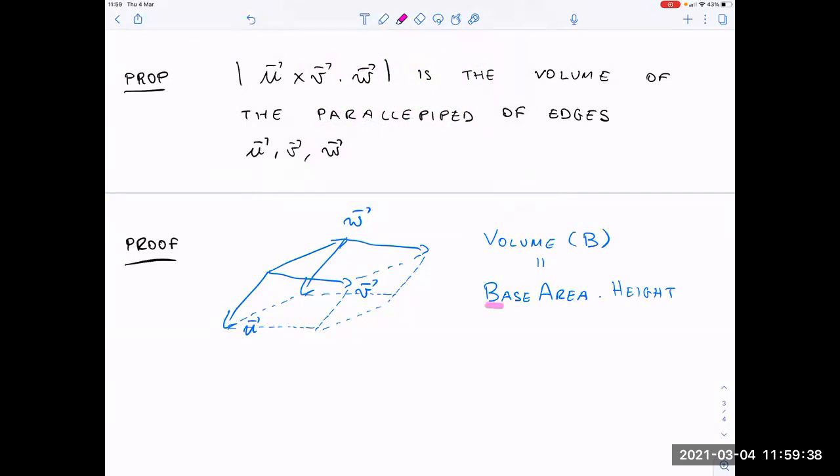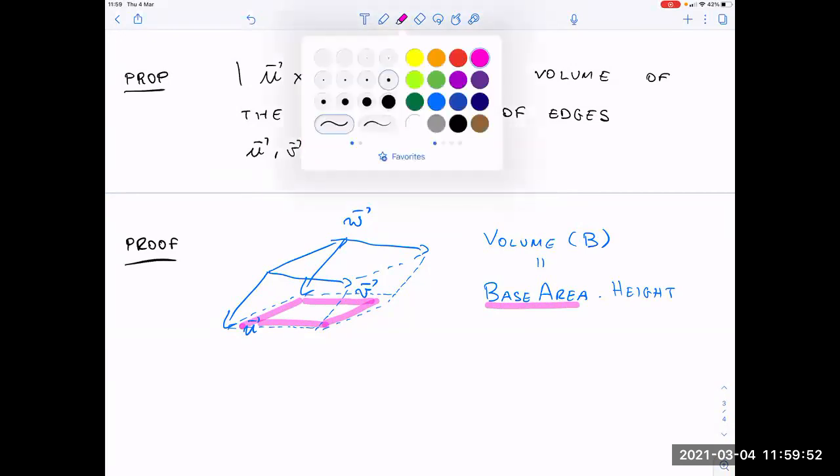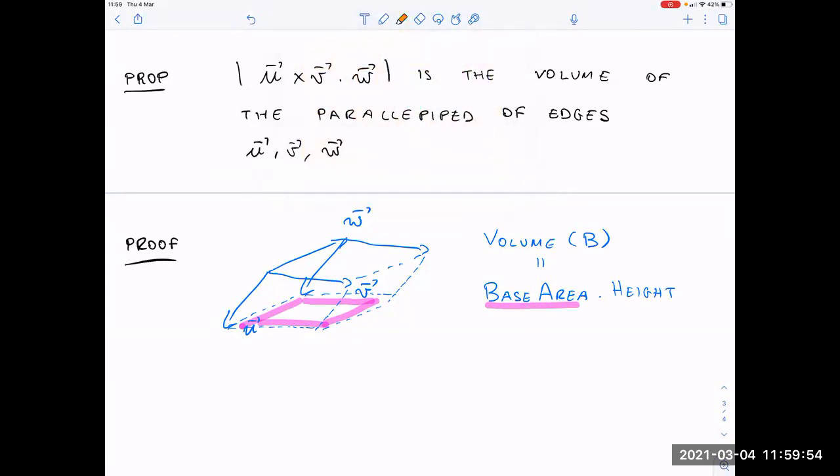The base area is the area of this parallelogram, right? While the height, bear with me, the height is how you go from here to the base orthogonally, right? So that's the base area, that's the height.